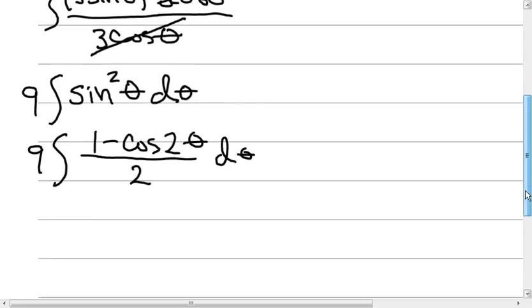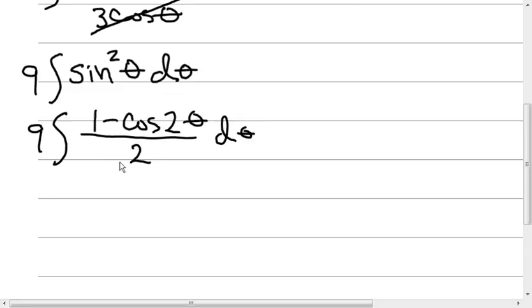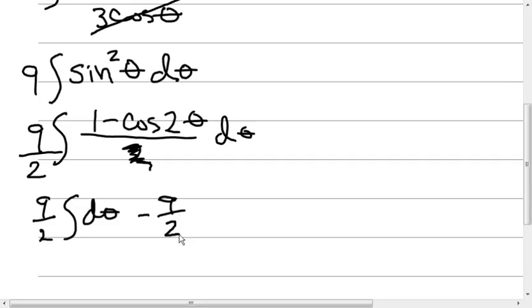And in this case, we don't want to leave the constant in there, so we'll just bring it out and won't have to deal with it. And we could distribute it through here, and we get 9 halves integral of d theta minus 9 halves integral of cosine 2 theta d theta.